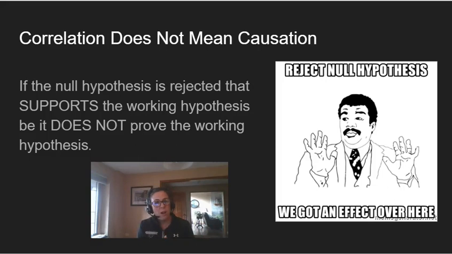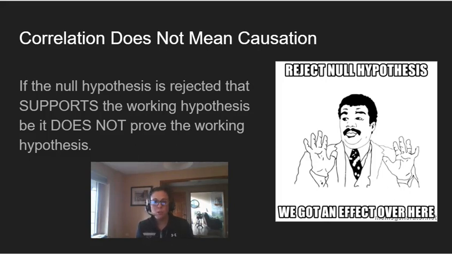We don't know the cause, but we know that there is an effect. When we do all these statistical tests, remember, your null hypothesis can be rejected. If it is rejected, that does not necessarily mean that your working hypothesis is true. We can't prove it, but it does support it.